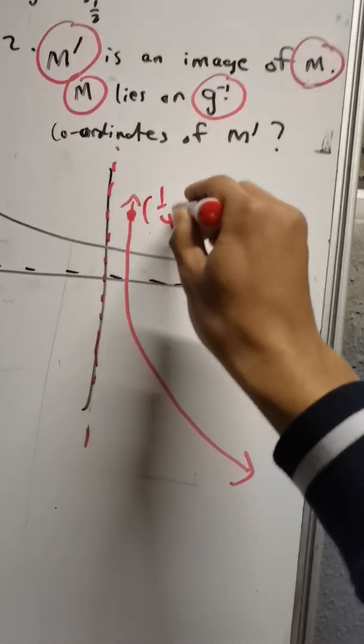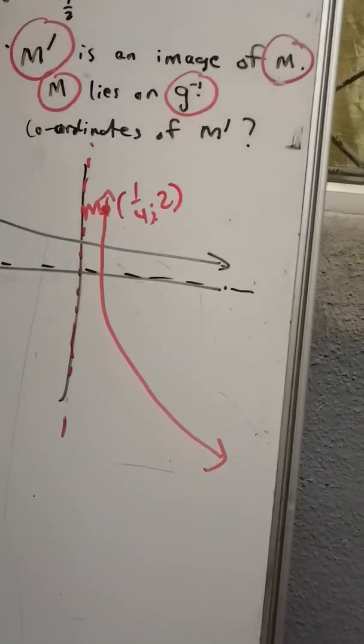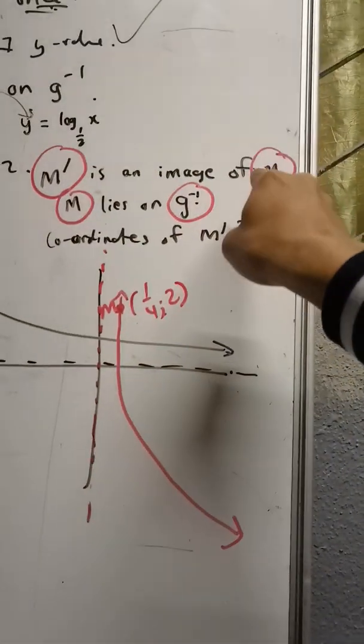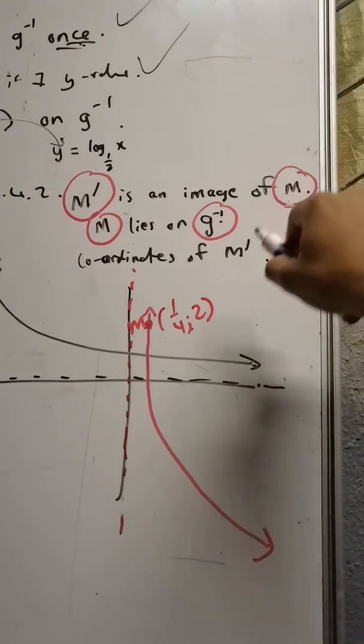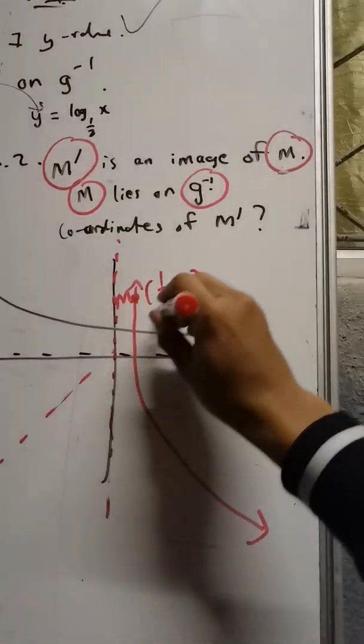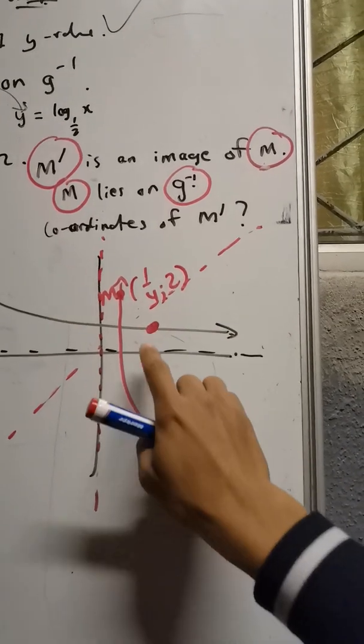That's M. Now M dash is basically an image of M on the original graph.